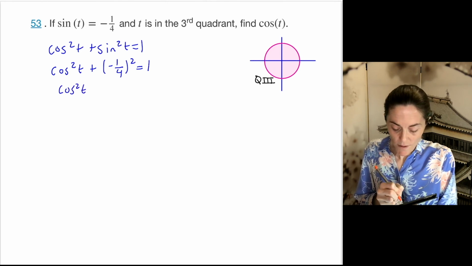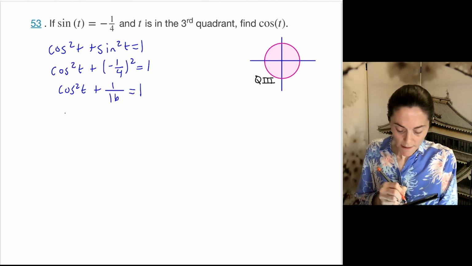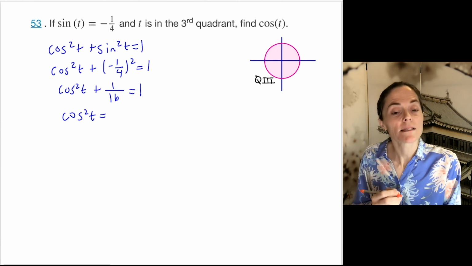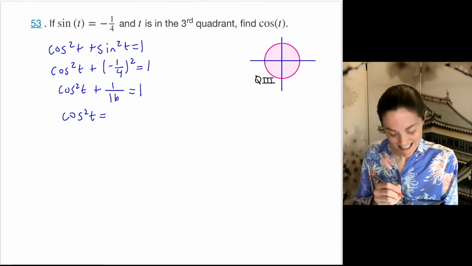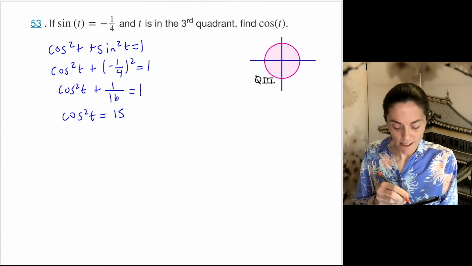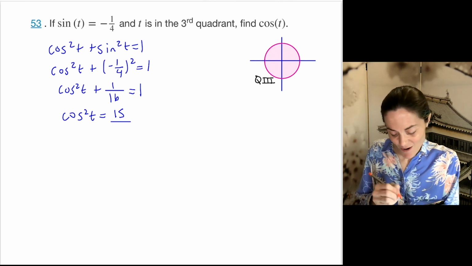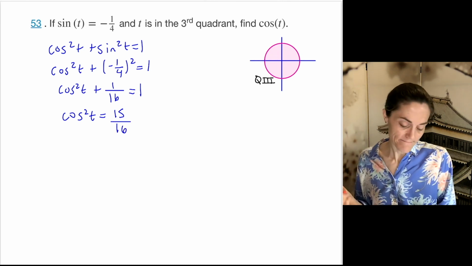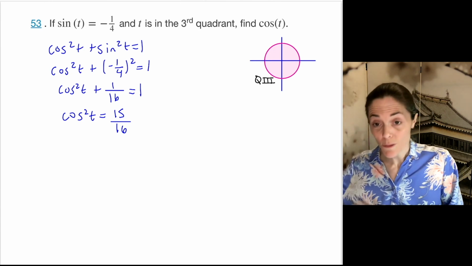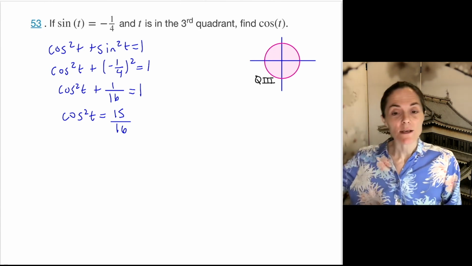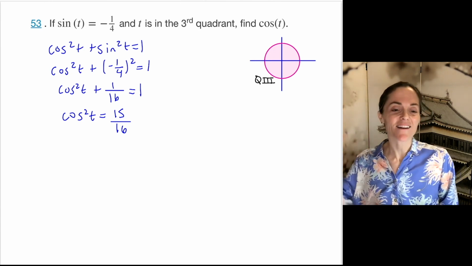We have cosine squared t plus 1 over 16 is 1. Now we subtract. Cosine squared t will be 15 over 16. It's 16 minus 1 over 16, okay? Quadrant 3 though, quadrant 3, you see both the sine and the cosine are negative.